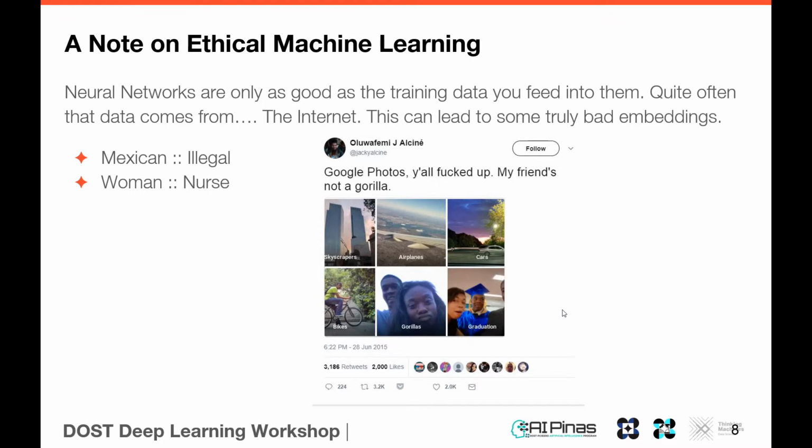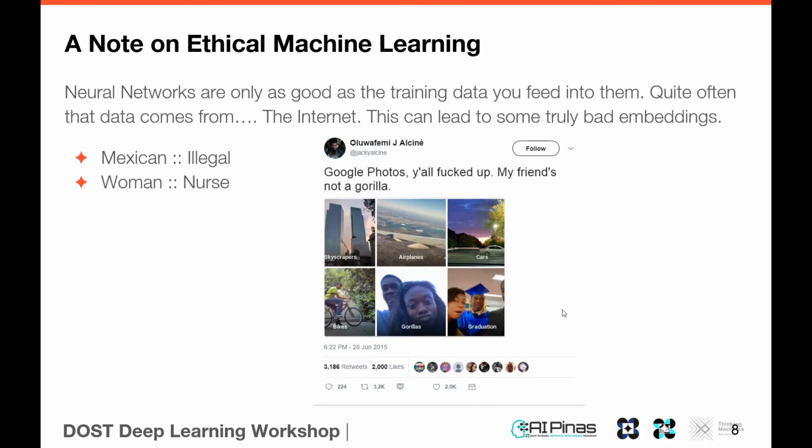Last note, talking about interpretable AI, we have to think about ethical machine learning. Neural networks are really only as good as the training data you feed into them. Quite often, this data comes from the internet because that's an easy source of data. If you do that, you can accidentally teach your model some very, very bad things.